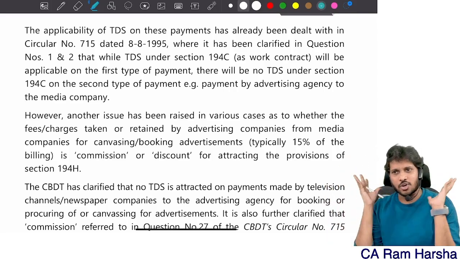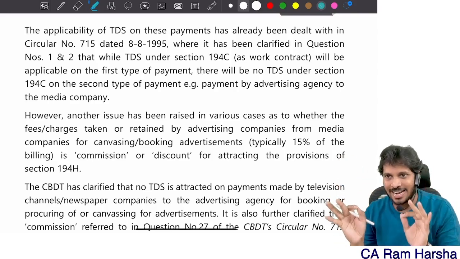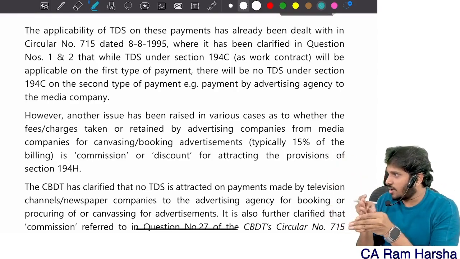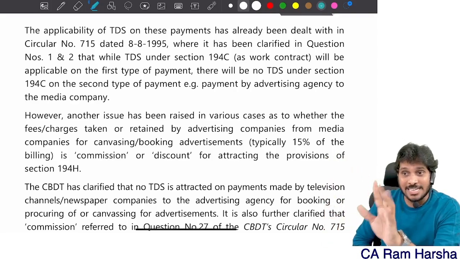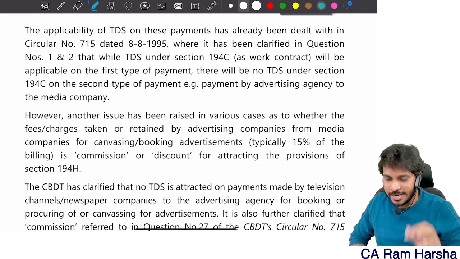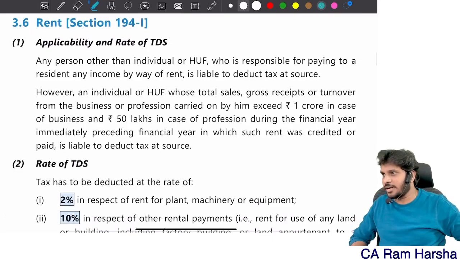Generally that comes under contracts, and 194C is applicable. That is the clarification they give. Even broadcasting and telecasting come under 194C only. So that's not a big deal, and no further interpretation is required.